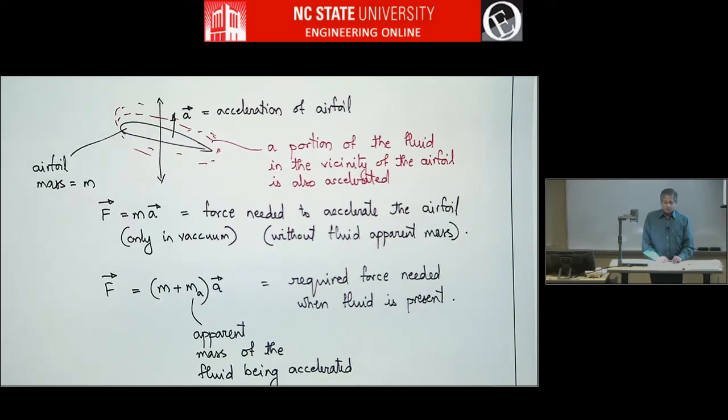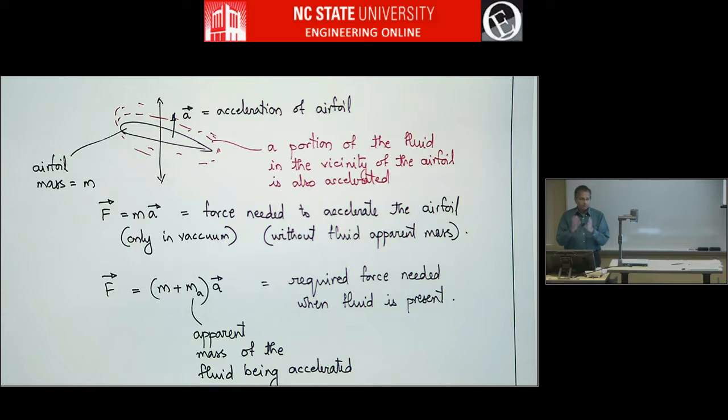So for extremely light airplanes like the AeroVironment Centurion, that solar powered airplane we looked at, let me see if I can pull up a picture. AeroVironment Helios, those very light, very large solar powered airplanes that go to very high altitudes. The airplane mass is so small that the mass of the air surrounding it becomes comparable.